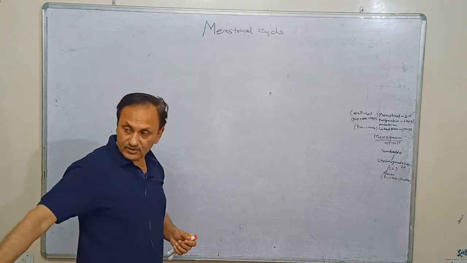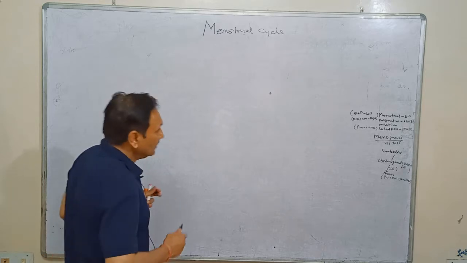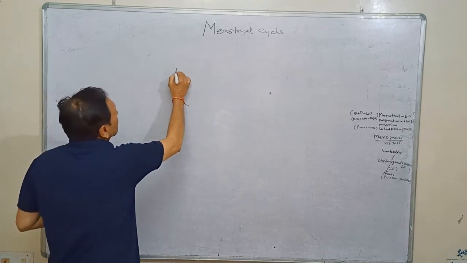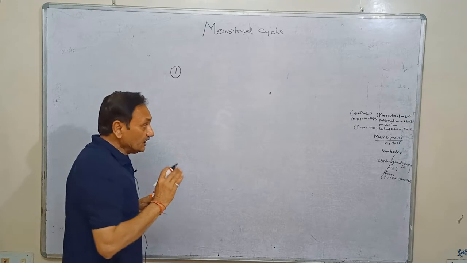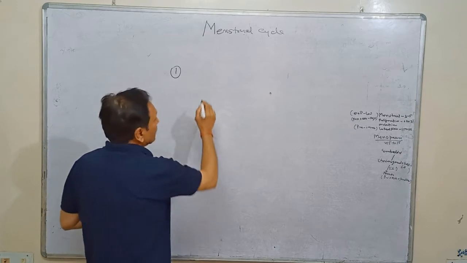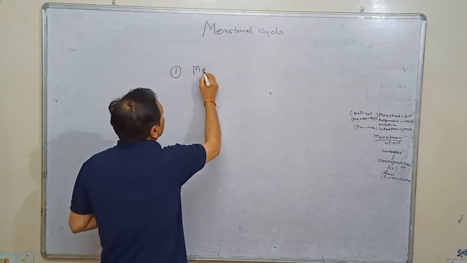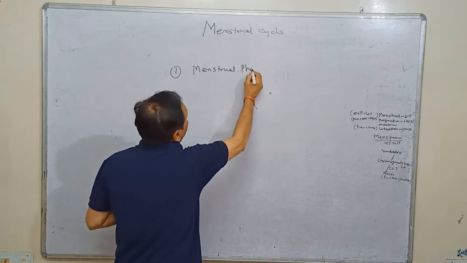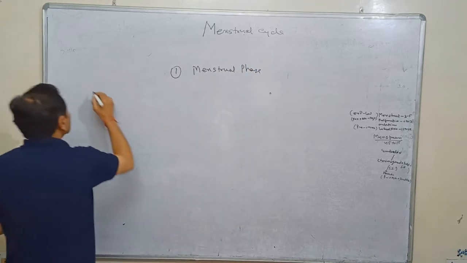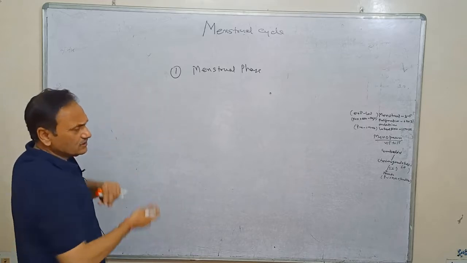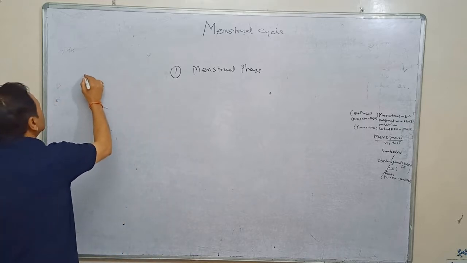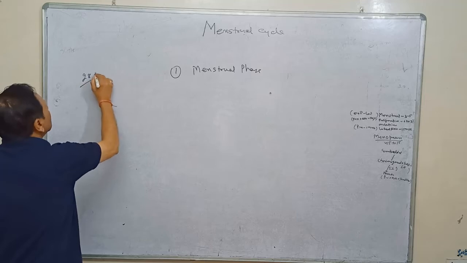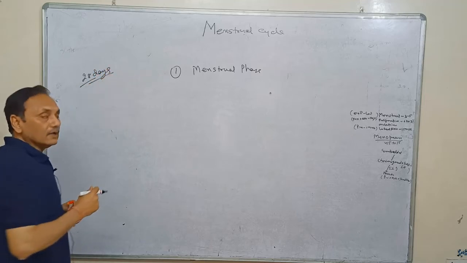In the case of the menstrual cycle, we can study it in three different phases. Number one is the menstrual phase. You know that this menstrual cycle will be completed within 28 days, and that is called a lunar month.